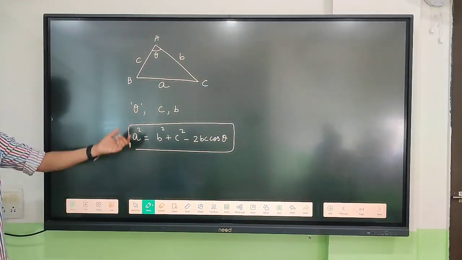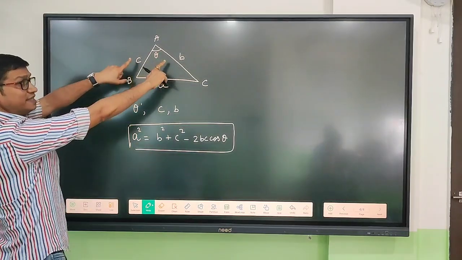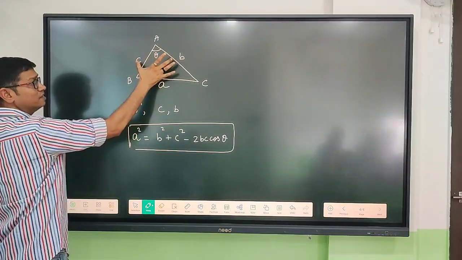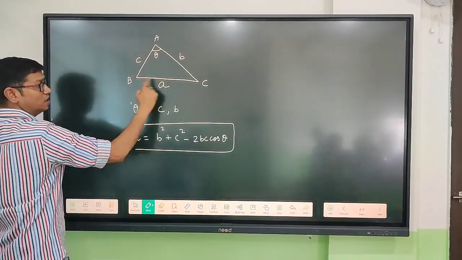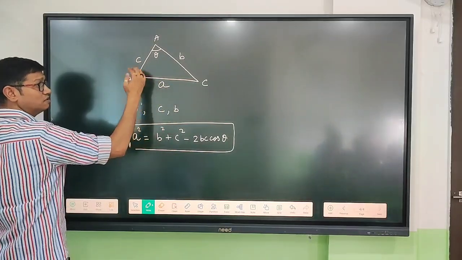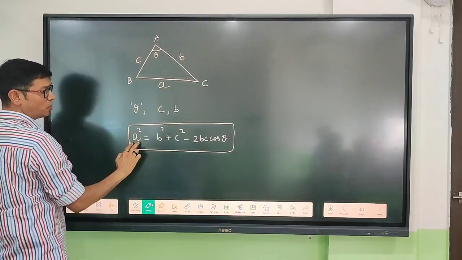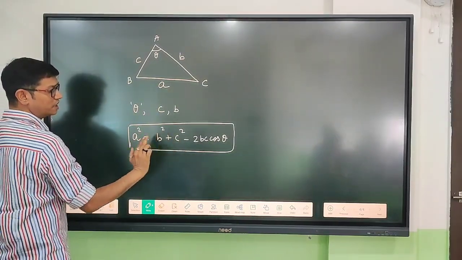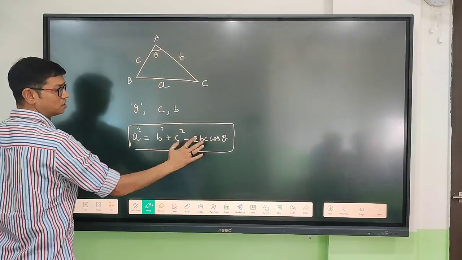This works for any triangle, not necessarily a right angle triangle. How to remember it? Two adjacent sides are given and the angle between them is given. The task is to find the length of the side in front of the angle. So a square is equal to this square plus this square minus 2 of this times this times cos theta.